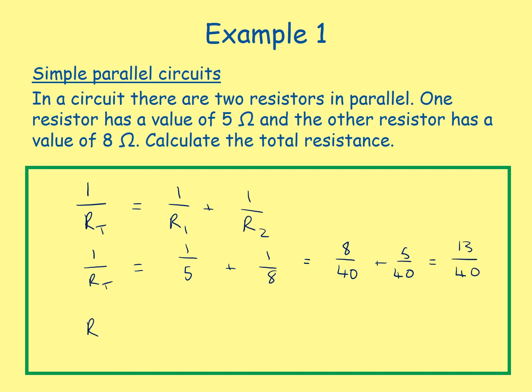To get RT by itself, we invert both of our fractions, so RT over 1 is equal to 40 over 13. We know that anything divided by 1 is just itself, so we can get rid of that over 1, just leave it as RT. And 40 over 13 is 3.076, and so on. We can round this to 3 ohms.